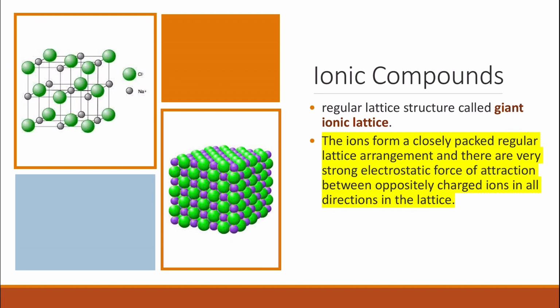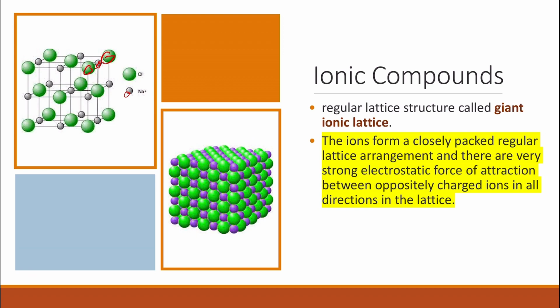So as we can see here, between sodium and chloride as an ionic compound, there is a regular arrangement of the ions with one positively charged ion next to the negatively charged ions. They are tightly packed and there is a strong electrostatic interaction between the oppositely charged ions that works in all directions.